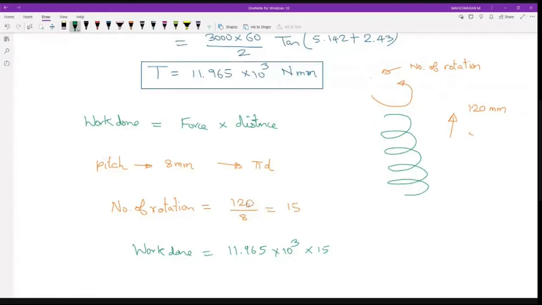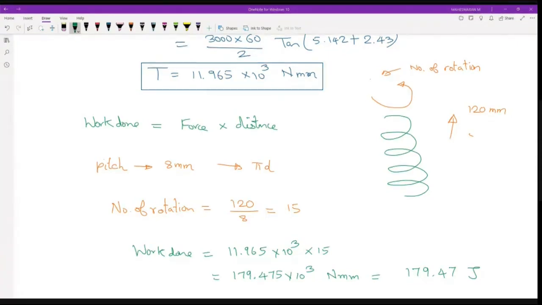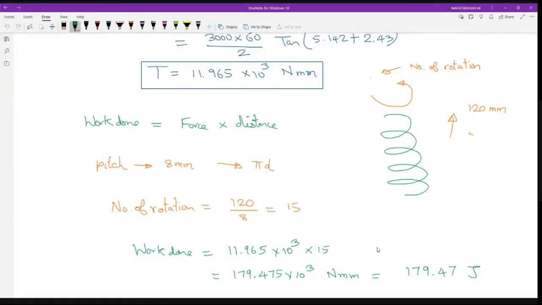So what are you getting? 475 into 10 power 3 Newton mm, or 179.47 joules, right? Converting mm to meter, Newton meter is 1 joule, so we'll write it accordingly.